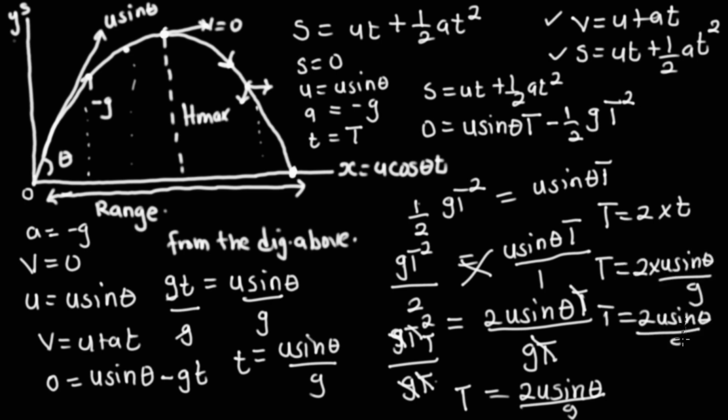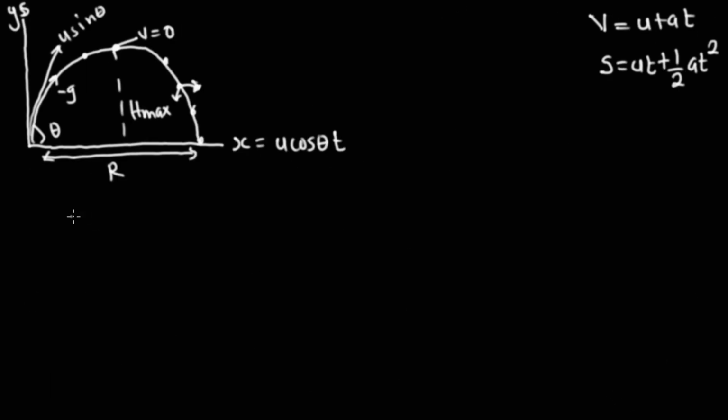Now, how do we solve for maximum height? Let me clear out some space. We should not forget, like I said, we are going to be using the second equation of motion to do the same solving. Now we are looking at maximum height. From the diagram here, this is the maximum height, and let h represent maximum height.